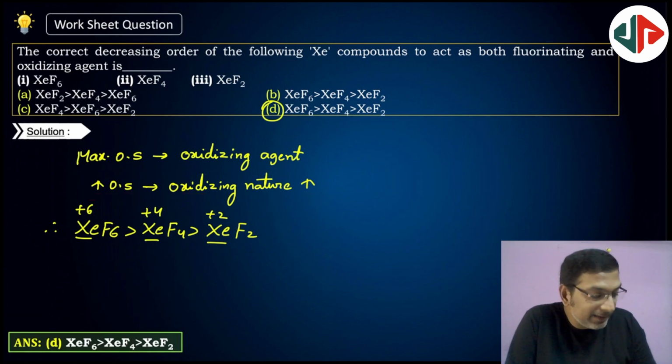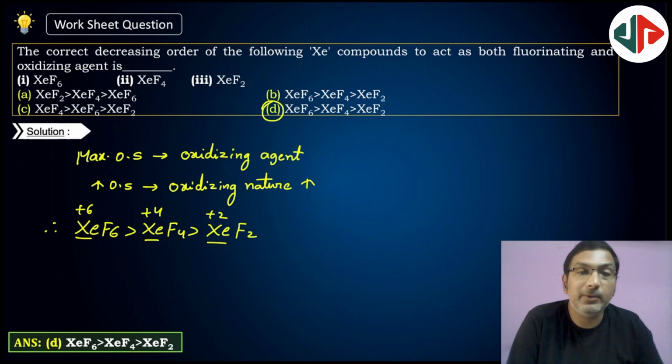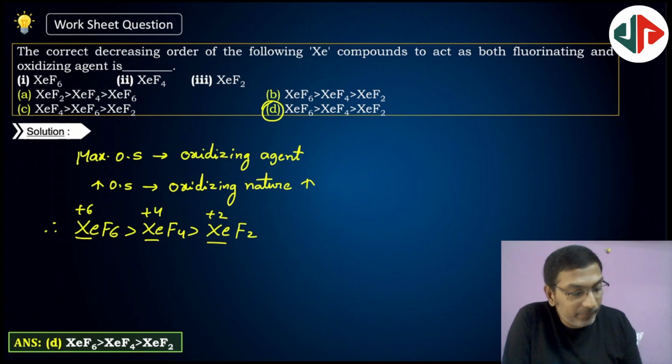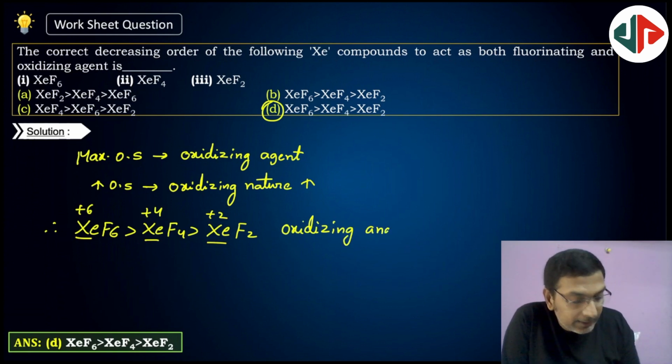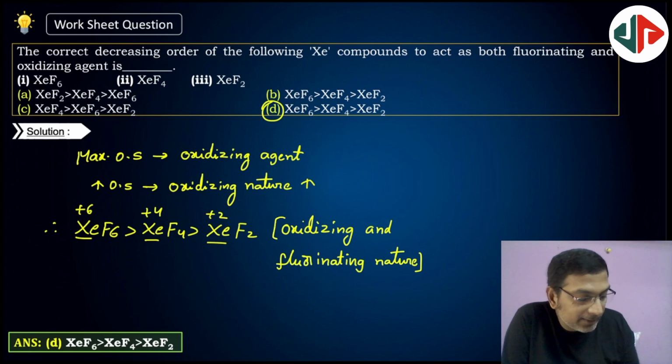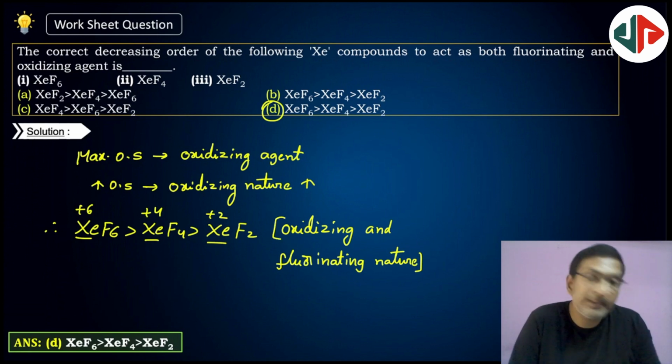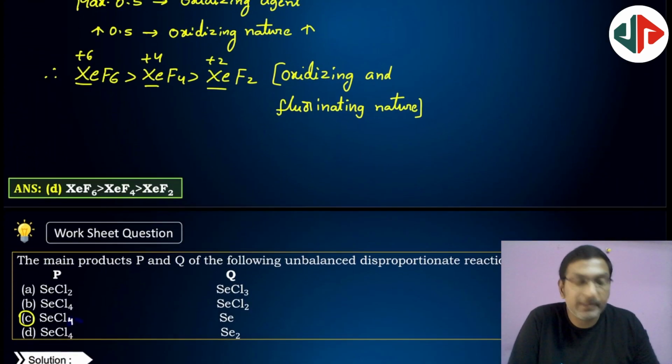So here XeF6 has plus 6 oxidation state, XeF4 plus 4, XeF2 plus 2. Therefore, oxidizing nature and fluorinating nature will be in this order. XeF6 highest, XeF2 least, XeF4 is intermediate. Therefore, option D.